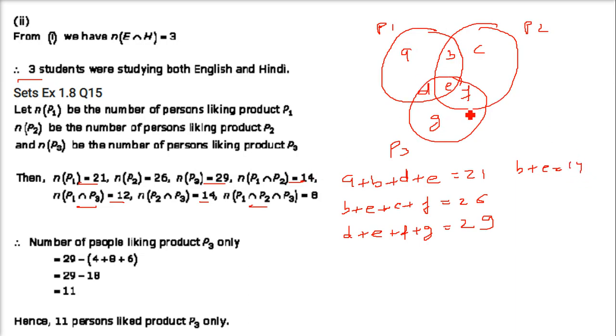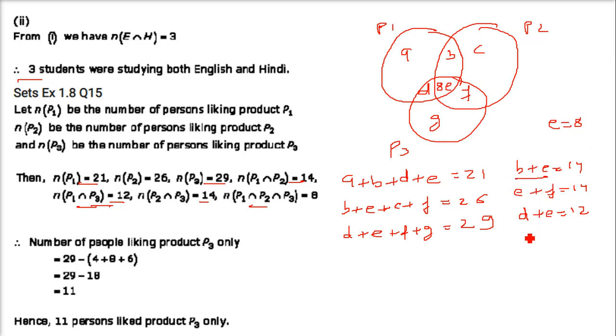Then we have one more 14, P2 intersection P3, which is E plus F. Now P1 intersection P3 is D plus E, given as 12. And the common part E, P1 intersection P2 intersection P3, is given as 8. So E is 8.